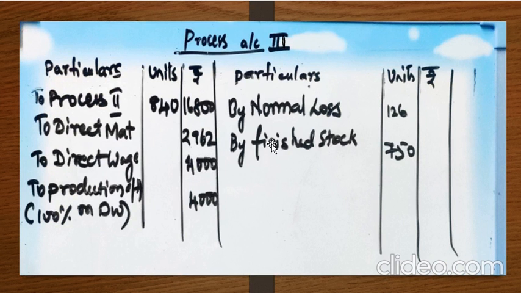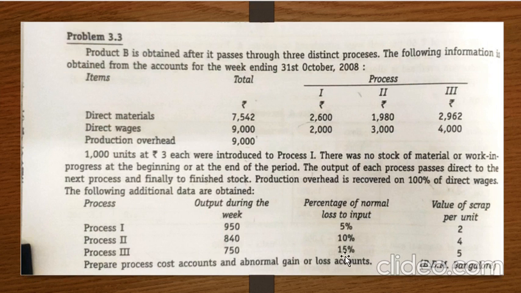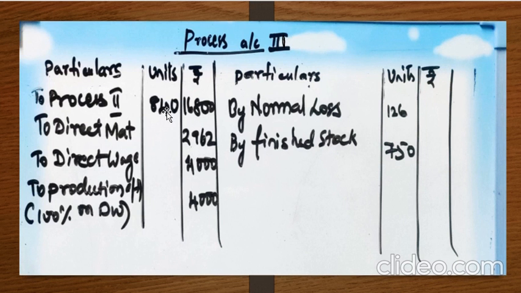As soon as you start your output, you need to check whether they've given normal loss in the problem. Yes, the normal loss is given. The normal loss percentage is 15%. How many units are introduced? 840. 840 into 15% will give you 126 units.